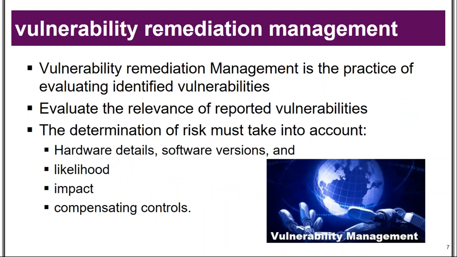Once we do those things, we move over into vulnerability remediation management. So this is another step of those five you want to have in place. Now, vulnerability remediation management is where we evaluate the vulnerabilities that we identified during our vulnerability assessment process.